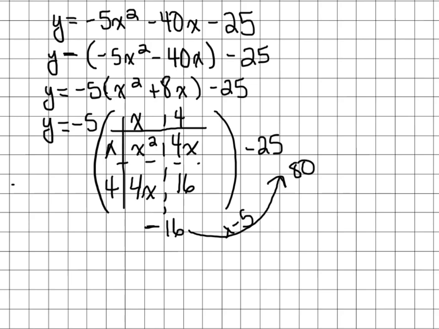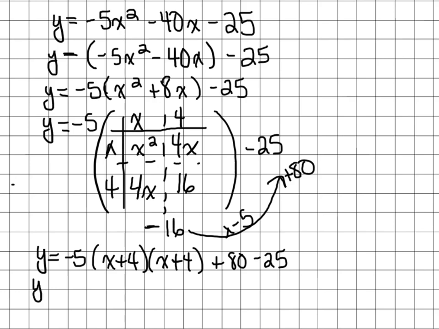So I have positive 80. y equals, writing this out, oh, I forgot my minus 5. Minus 5 times x plus 4 times x plus 4, plus 80 minus 25, and that gives me minus 5 times x plus 4 all squared, and that is plus 55. There we go.